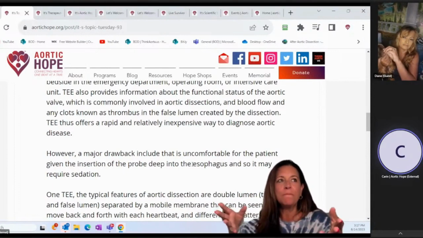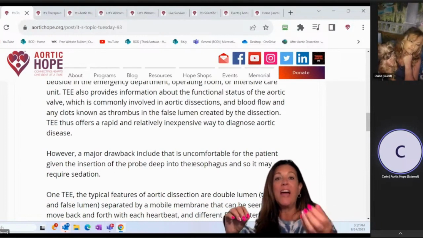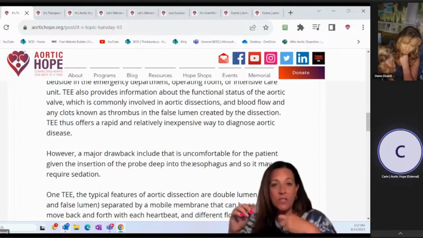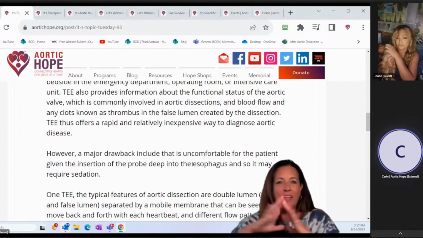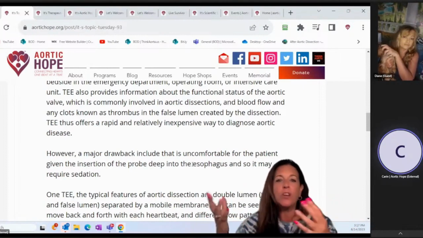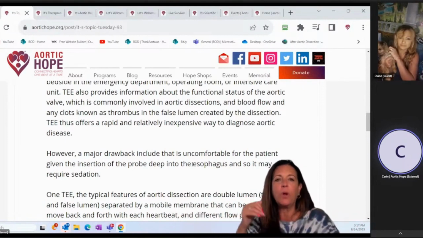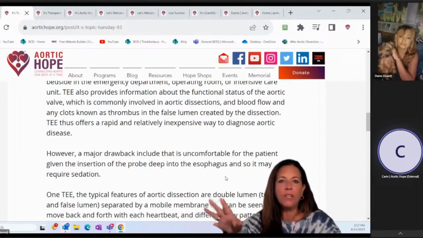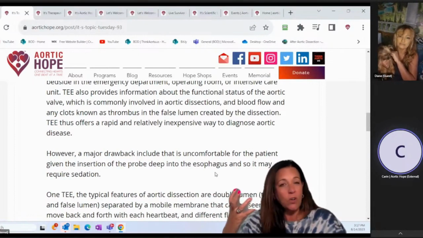It's almost like if you've had a colonoscopy or an endoscopy, anything that goes in the mouth and the esophagus, it's the same thing. You're in that twilight sleep, so you won't really realize it. It doesn't make your throat extremely sore or anything like that.